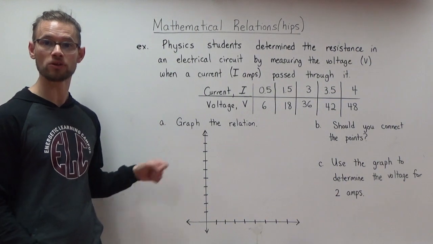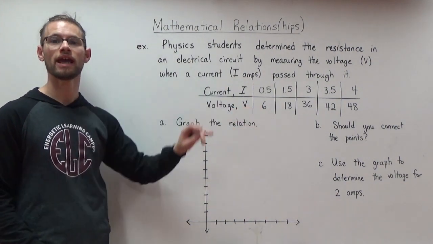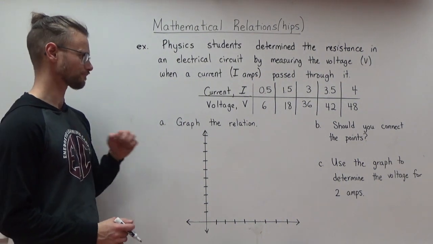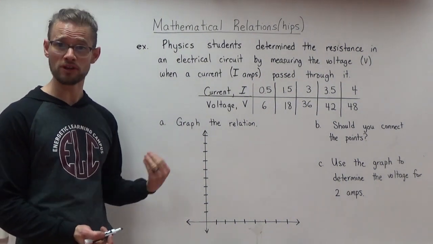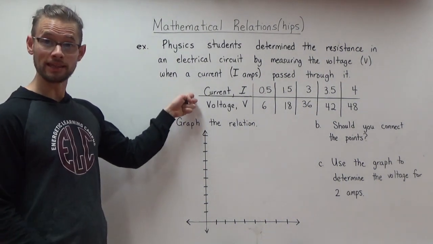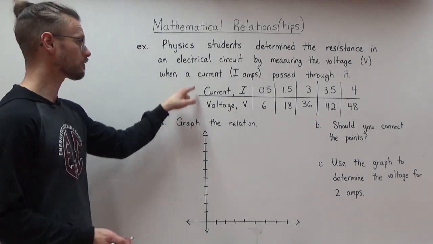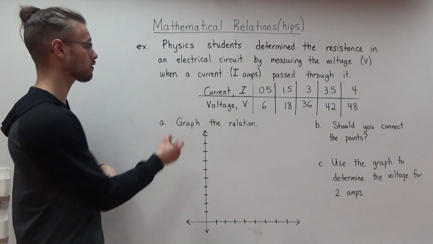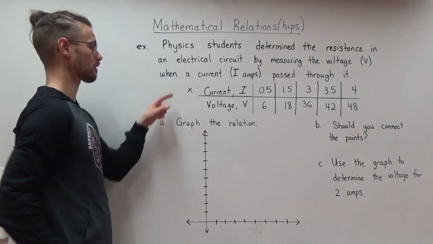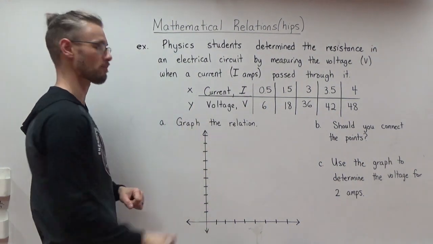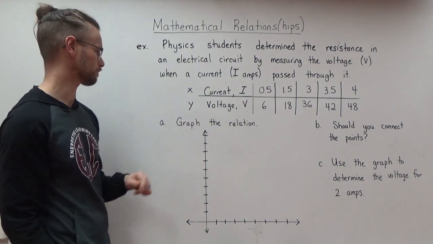Well, in this case, we're going to start off by taking that table and transferring it onto a Cartesian plane, onto a graph. So very similar to the previous example, but in this example, our table is horizontal. So a couple tips for you. When you're given a horizontal table like this, a little clue is that our top variable is always our x variable, and our bottom variable is our y variable.